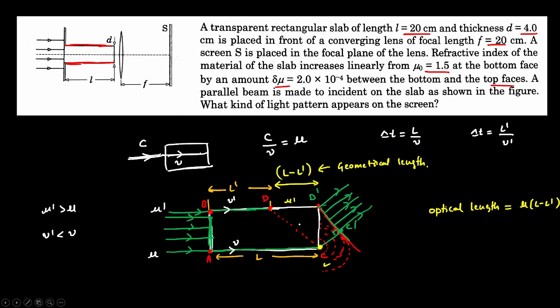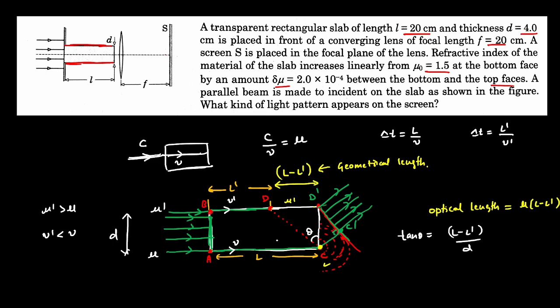But remember guys, all these lengths we are dealing with are going to be very, very small. Now look at this triangle. In triangle C D D dash, this angle is theta, so we are dealing with tan theta. Usually we would have thought tan theta is L minus L dash by D, the distance between these two layers.